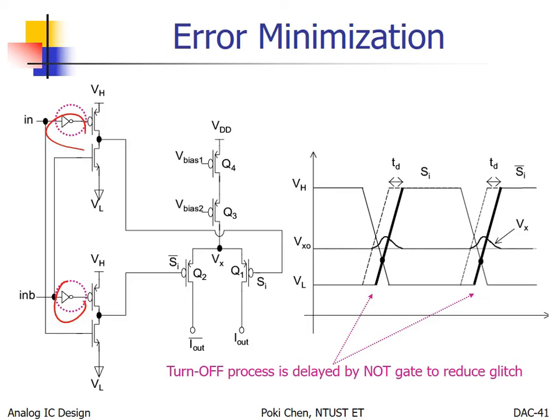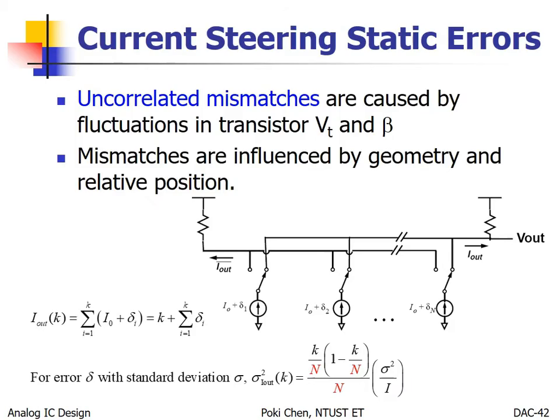Again, to postpone or to delay the response of PMOS, to pull up 0 to 1 slower than 1 to 0. So again, I need to be turned on. After that, you can be off. Keep this in mind. In this way, you can see the turn off process is delayed, right?